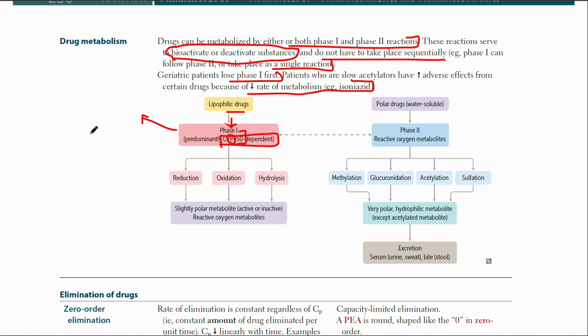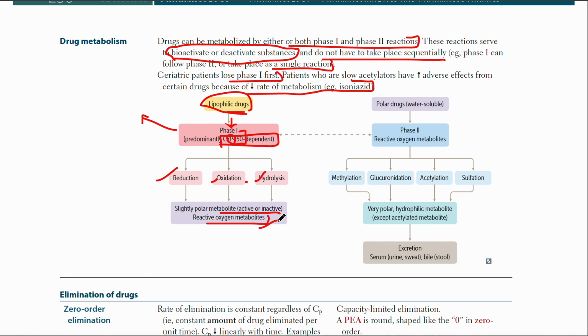It has different families, right? CYP 3A4, 2D6, 2C19. These are the families, subfamilies, and selective isoforms, and they do either reduction or oxidation or hydrolysis, and they will finally lead these lipophilic drugs to a slightly polar metabolite, active or inactive, and also reactive oxygen metabolites.